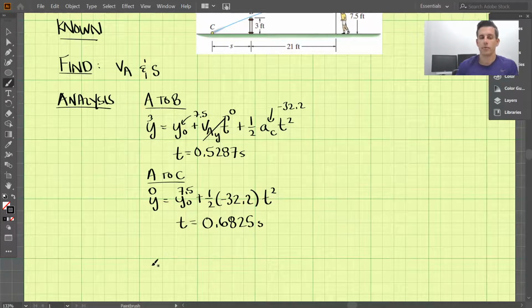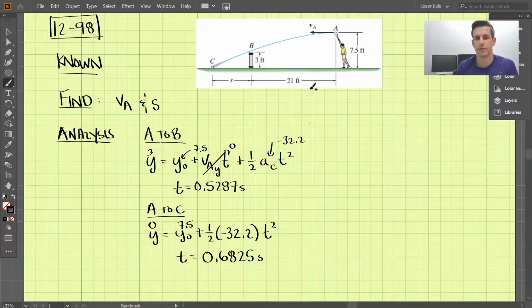Now let's move on to talk about the velocities here. We know it must cover this distance of 21 feet in this time period here.